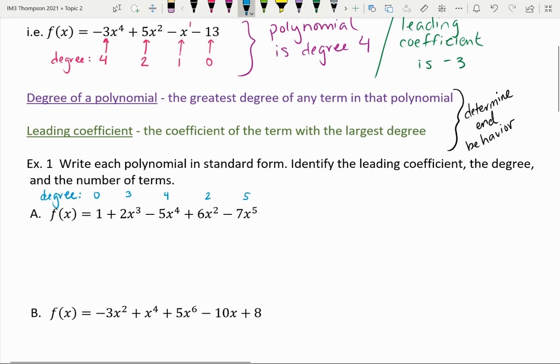I need to put these in decreasing order. So when I rewrite, I'm just moving things around. I'm just shifting things around. So no signs are going to change. The degree 5 term is going to go first. So I have negative 7x to the fifth. Then the degree 4 term, minus 5x to the fourth.